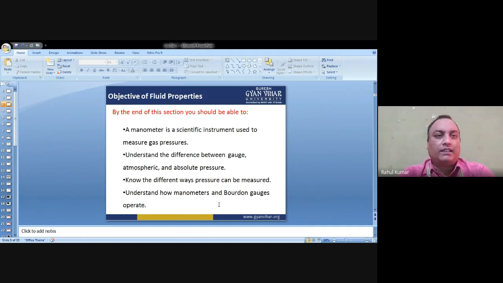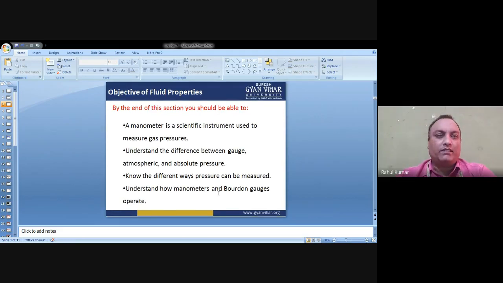These are the different objectives in the study of manometers.